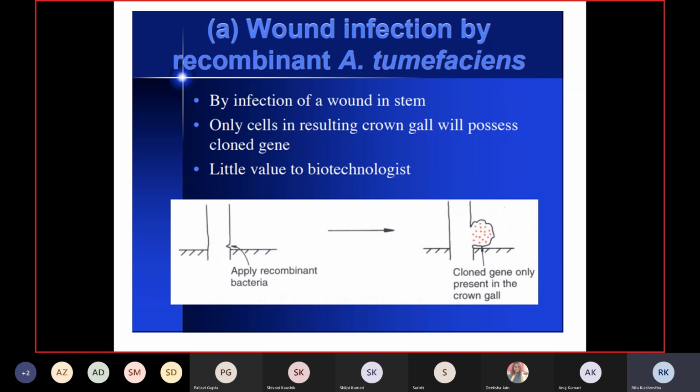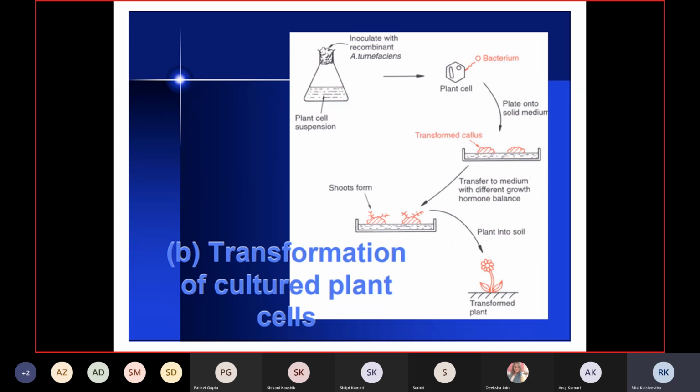But one thing that I definitely want is that my gene of interest should go into the maximum area that I'm interested in, and not be limited to just the plant cell which the Agrobacterium infects, when I'm growing the solid plant. To avoid that problem, what is currently used is that they take plant cells.